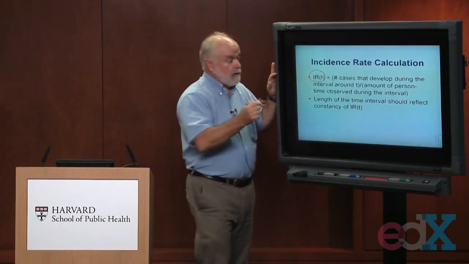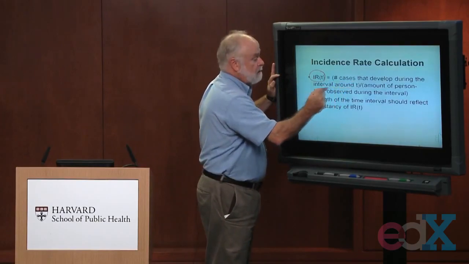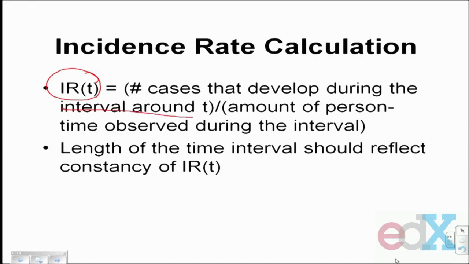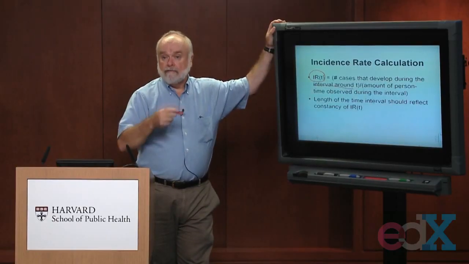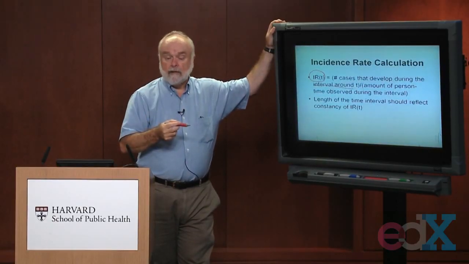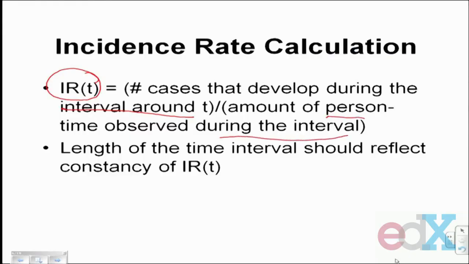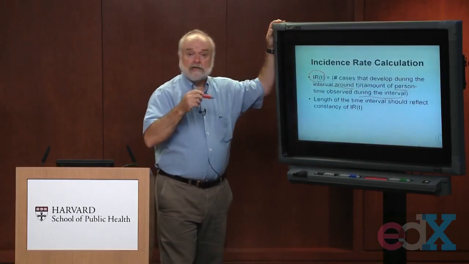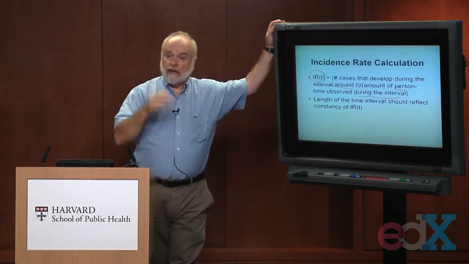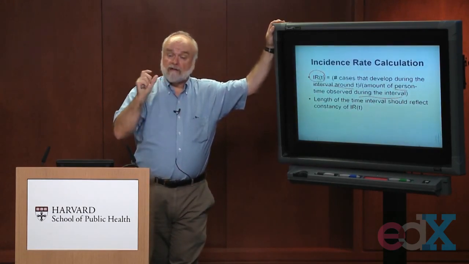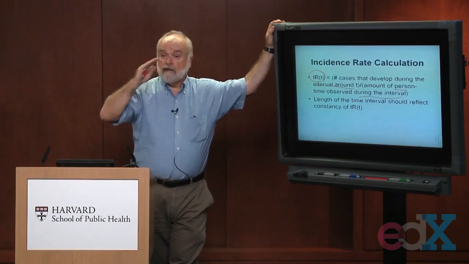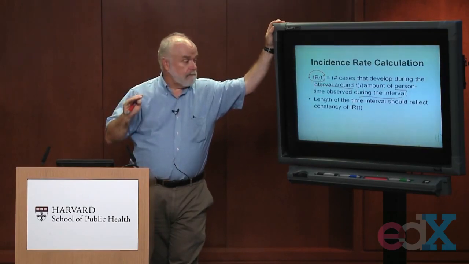I'm going to look at all the cases of disease that developed in that interval of time, around 3 months, maybe the week before up to the week after of their 3-month follow-up point in time. And I'm going to divide that by all the person time I see in that interval. So that calculation I did using all the person time for the headache data, I could do it in separate intervals if I believe the incidence rate function is changing over time.